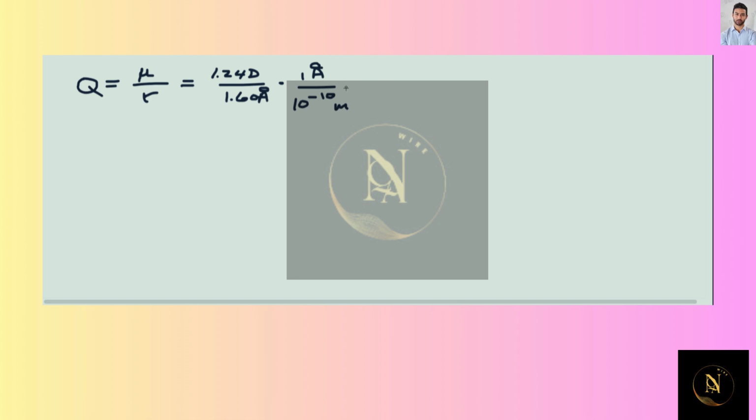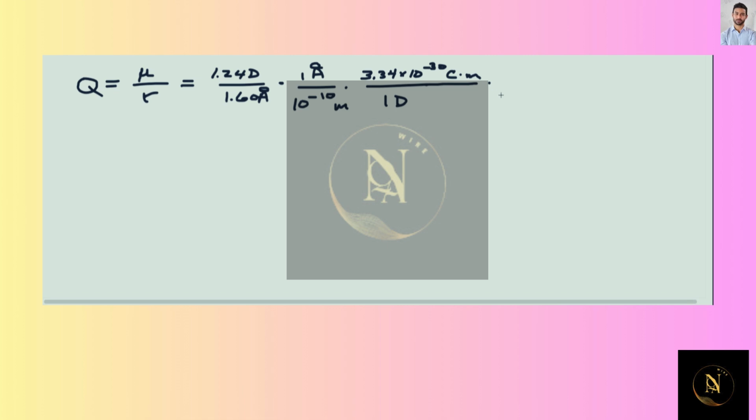And we have to convert the debye into something that has coulombs in it, because coulombs is our unit of charge. And so 1 debye is 3.34 times 10 to the minus 30 coulombs times meters, charge and distance.